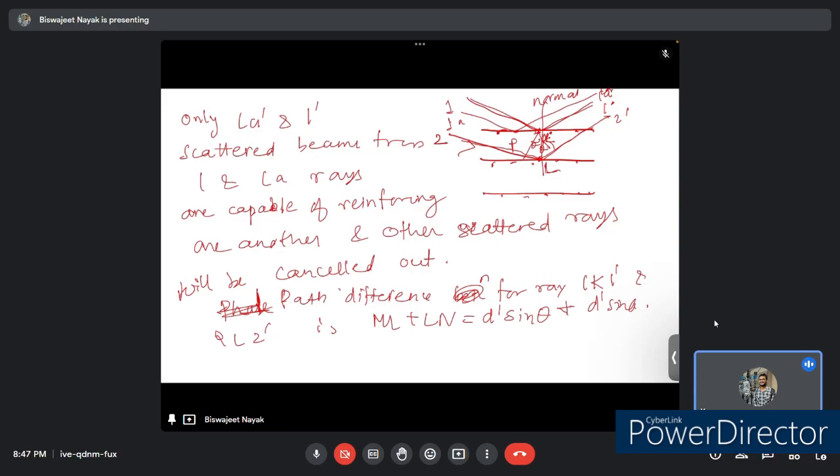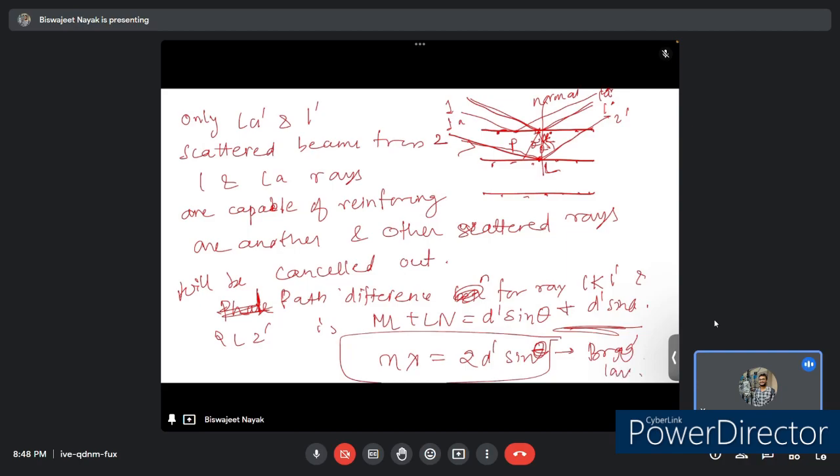So this is also the path difference for overlapping rays that are scattered by different points. The scattered rays 1 dash and 2 dash will be completely in phase if this path difference is equal to a whole number of wavelengths. So that's why we write n lambda equals 2d sine theta, and this is what is called Bragg's law.